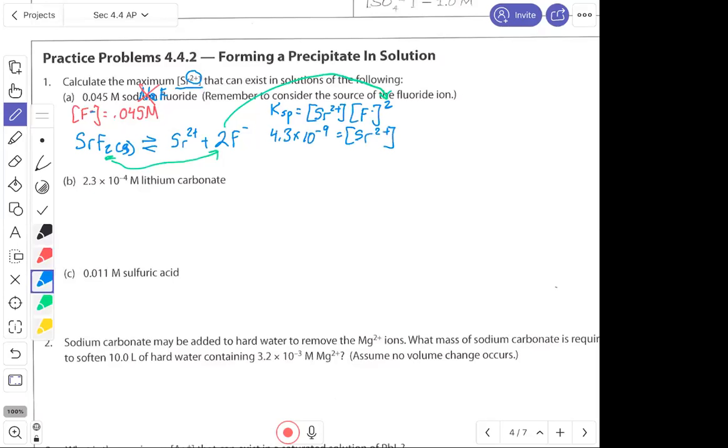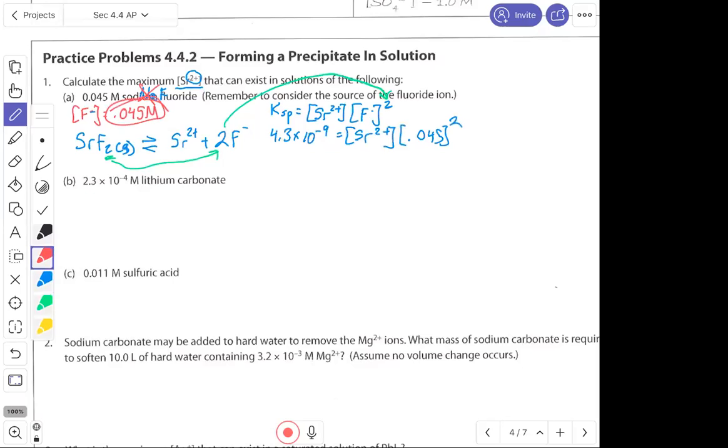I'm looking for the strontium. And what am I going to put in this F minus spot? 0.045, but squared. Notice I'm not doubling it, because they're giving me the number. That's just the straight number I plug in.